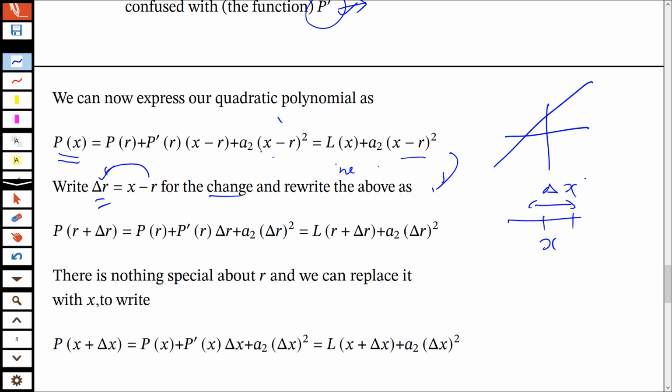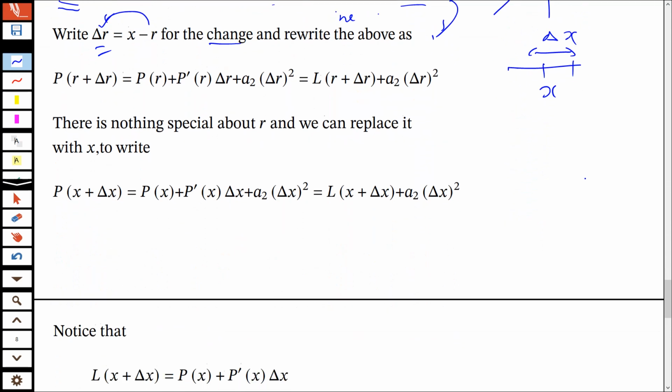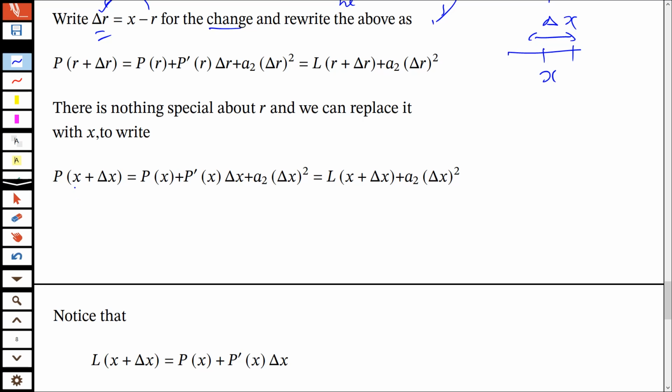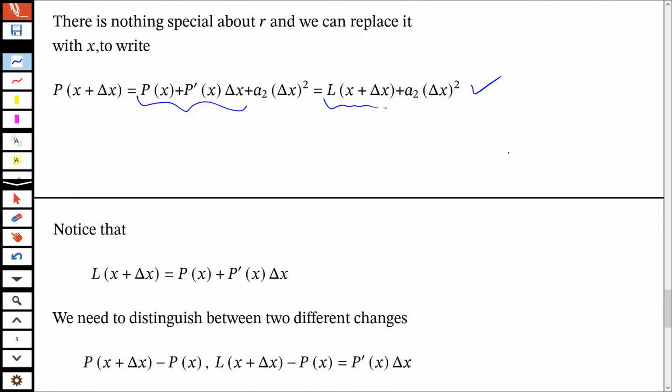Now I can write my function as p of x plus delta x, so x and then x plus delta x. Remember, delta x can be anything. And again, I have two parts to this new value: a linear part, which is dictated by that linear function, and a nonlinear part. Remember, this one is predicted by the linear function.